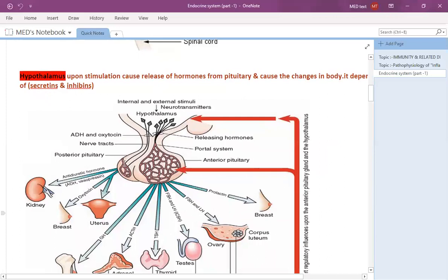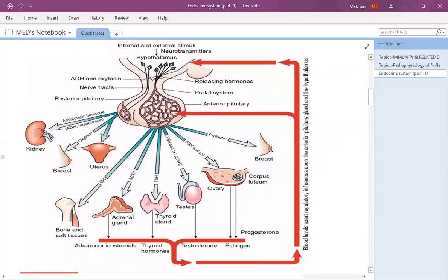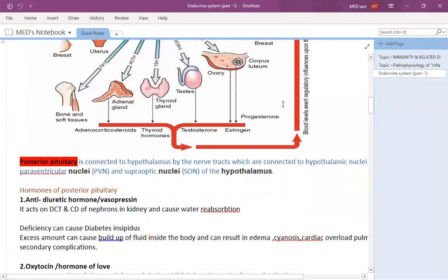It is connected to anterior as well as posterior by different ways. So this is the anterior part and this is the posterior part. The anterior pituitary, also known as adenohypophysis, is connected to the hypothalamus through a portal system, whereas the posterior pituitary is connected to the nerve tracts. So each of the pituitary gland, anterior and posterior, releases its own hormones. So we will discuss one by one.